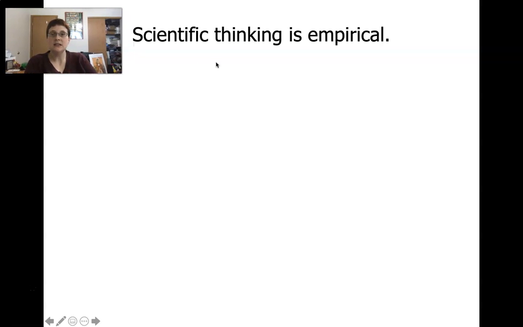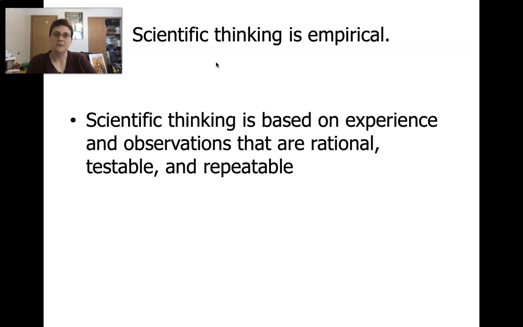The thing is, with scientific thinking, it's empirical. This means that it's based on experience and observations and not just on feelings and general thoughts. So this is based on experience and observations that are rational, meaning that they are logical, testable, and repeatable.